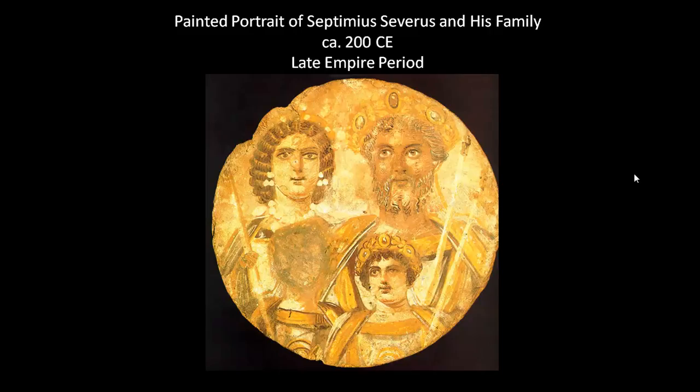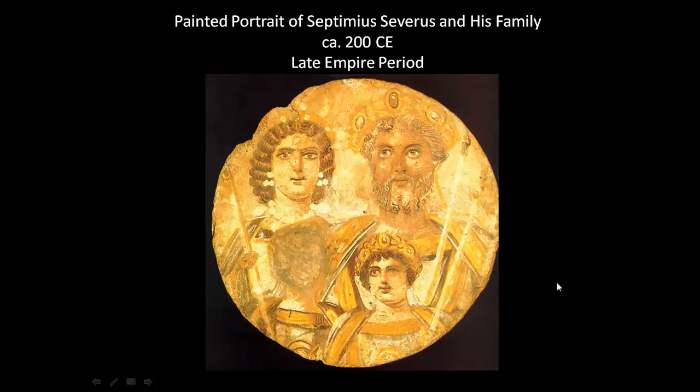And I like this portrait because it gives us some insight, not only into how emperors depicted themselves, aged and wise, but also the situation that's going on here that explains in part why we see the decline of that empire. So when Severus passes away, we get to Caracalla, his son. That's who power passes to.